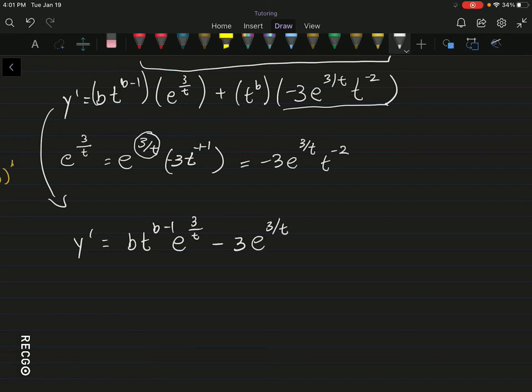And notice we have t^b and t to the negative 2. We can multiply those and combine the powers, so we'll end up with t^(b-2). And this is the reduced answer for this derivative.